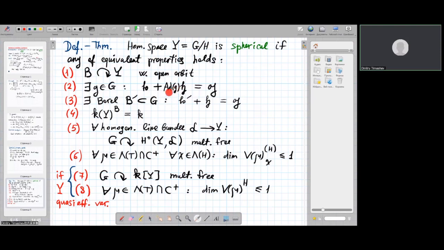And actually, this is the Lie algebra of the conjugate subgroup. Maybe let me write it here for you, but later I will erase it for the notes which I leave. This is the Lie algebra of gHg inverse.